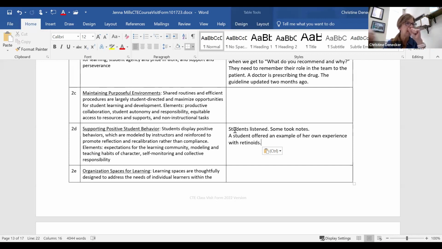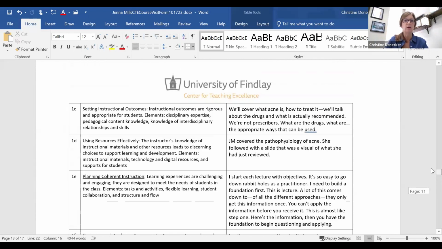Versus handing around a sign-up sheet, or Katie August does a little icebreaker at the beginning of class with a question of the day, and that's how she builds community and takes attendance. So that's one of the things I look for in 2C: are there routines in the class, passing around papers, or like you said, sitting down and opening my computer and starting to take notes. That is part of a routine that's been established. I don't know if you have other ways of thinking about 2C.